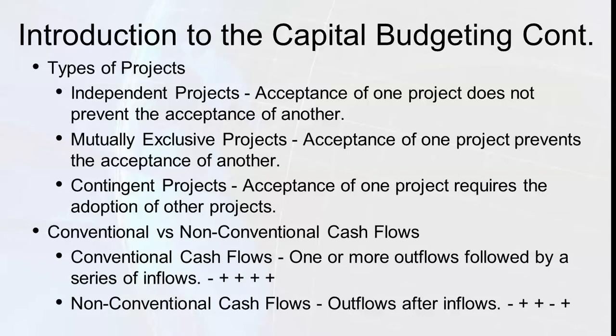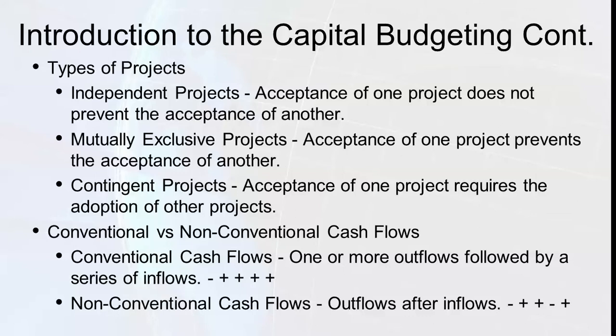A contingent project is basically where acceptance of one project requires the adoption of other projects. Okay, so there are different types of projects. They include independent projects, mutually exclusive projects, and contingent projects.